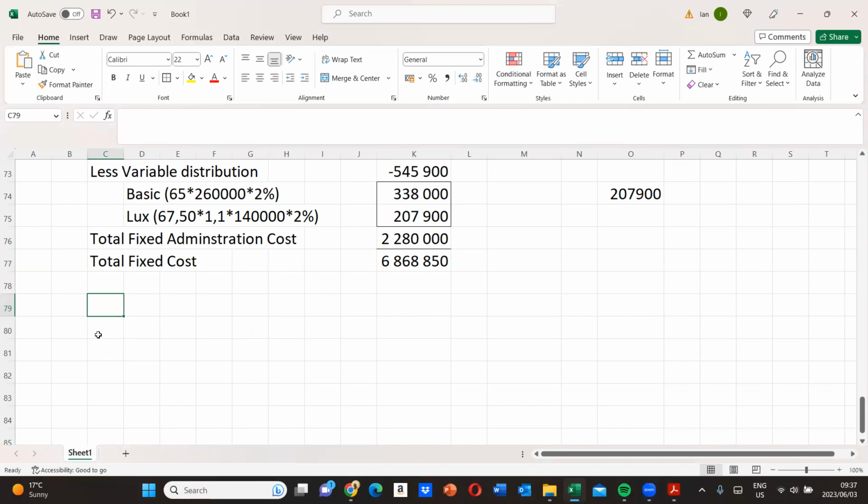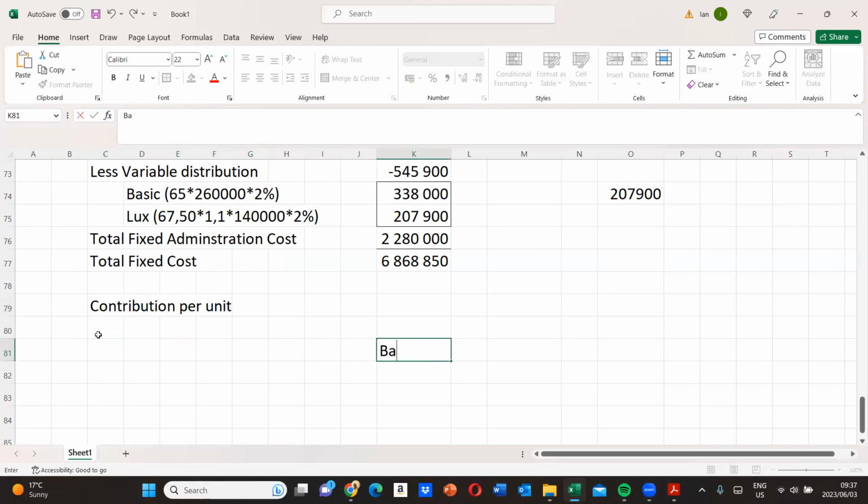Now let's do the calculation of contribution per unit. So which means now we can work out with basic, and then we can do Lakhs there. Let's do the sales or selling price per unit.